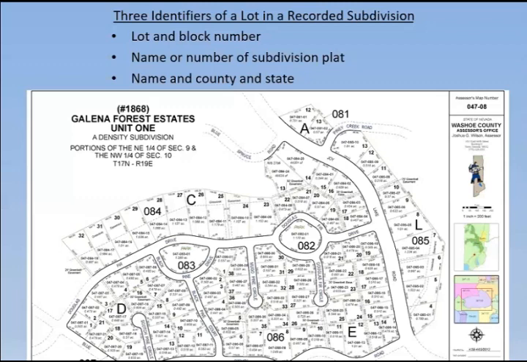But on the test, they may ask you a question in regards to metes and bounds, give you a plat plan, and they may ask you, if a property begins at a certain point, like goes north 125 feet, what lot does that refer to? You might be asked a question like that, okay?